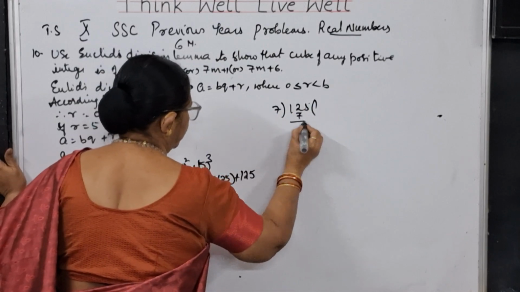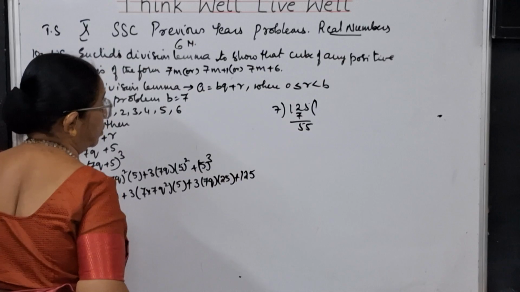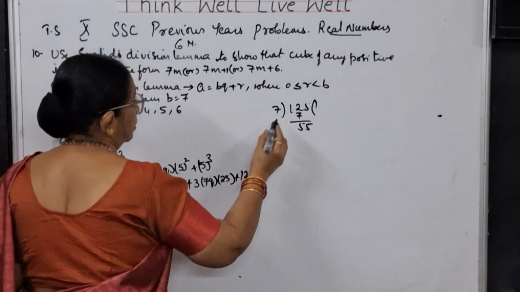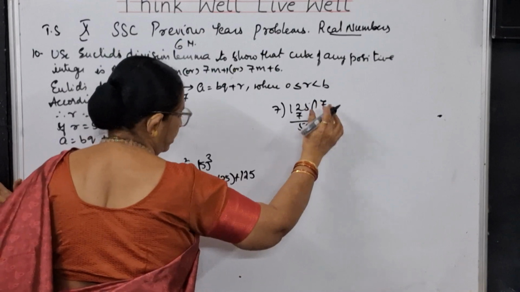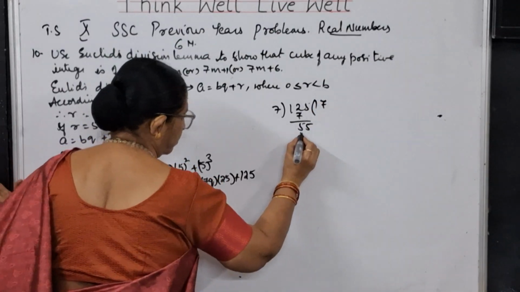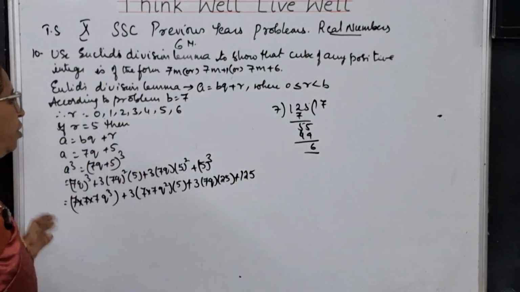7 1s are 7, 5, 5. 7 6s are 42, 7 7s are 49, 7 8s are 56, 7 7s are 49. So you'll be getting 6 out.